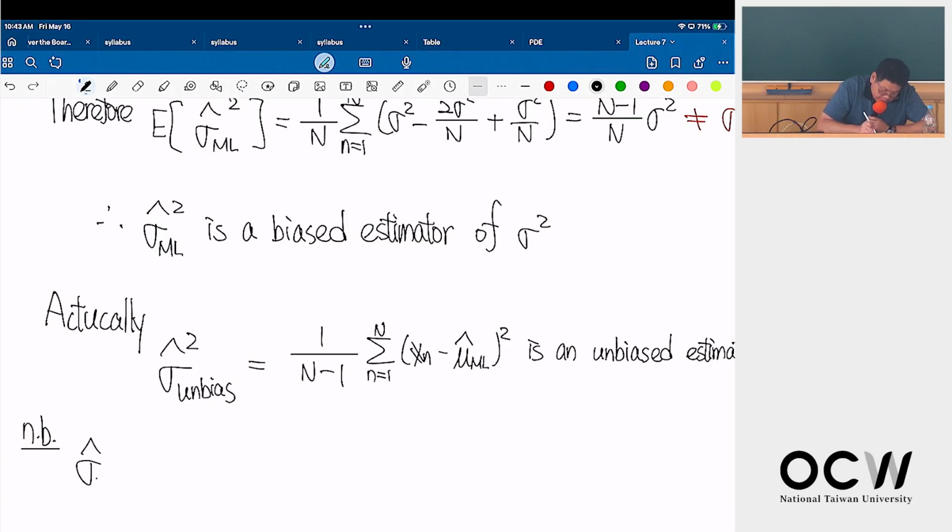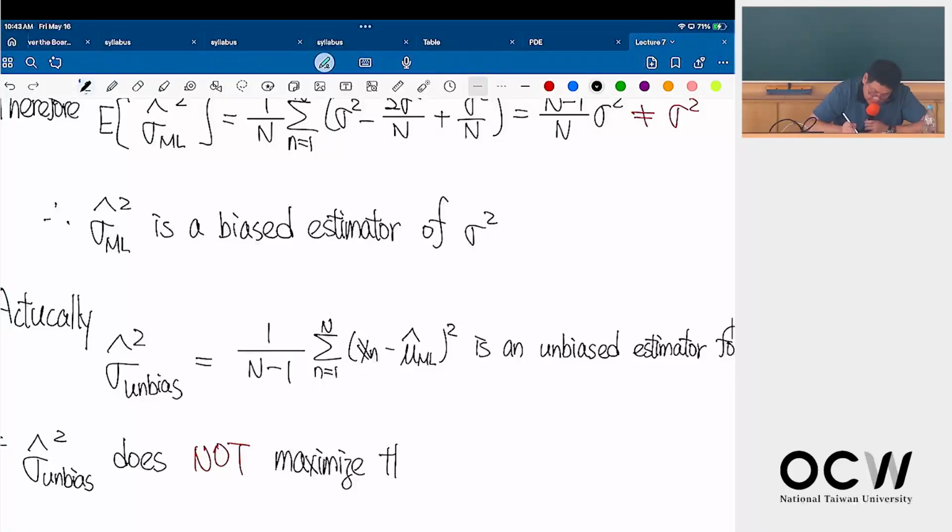So this unbiased estimator does not maximize the likelihood.